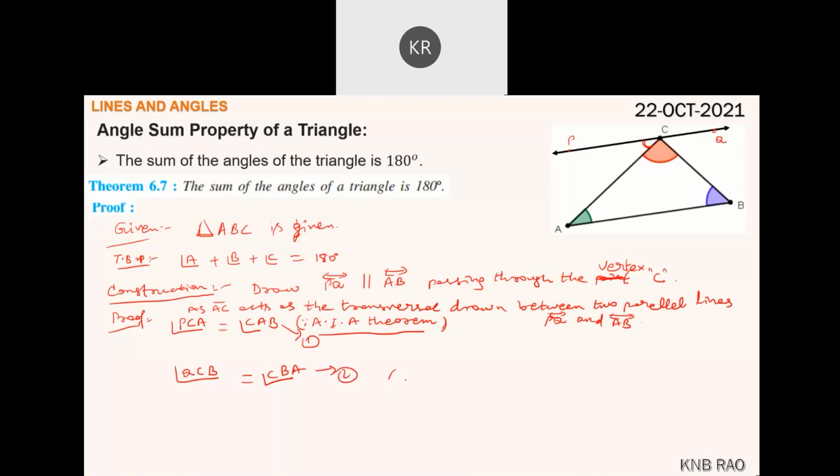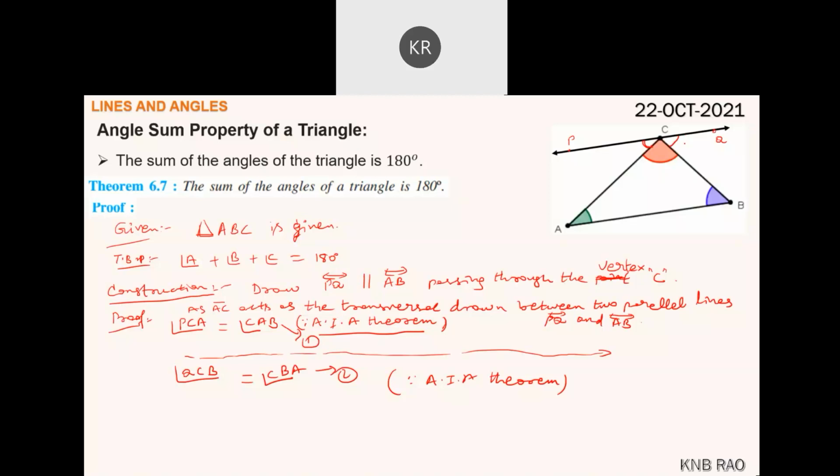You will write the same alternate interior angles theorem, and you will write the how step: CB line acts as the transversal drawn between the two parallel lines PQ and AB.